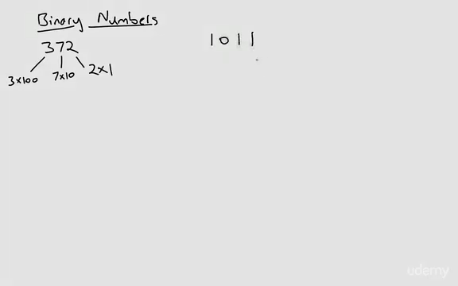What does that mean? Well, here we've got 1 times 1, just as in the decimal system. But here, instead of 1 times 10, we've got 1 times 2. And here we've got 0 times 2 times 2, in other words, 0 times 4. And here we've got 1 times 2 times 2 times 2, in other words, 1 times 8.